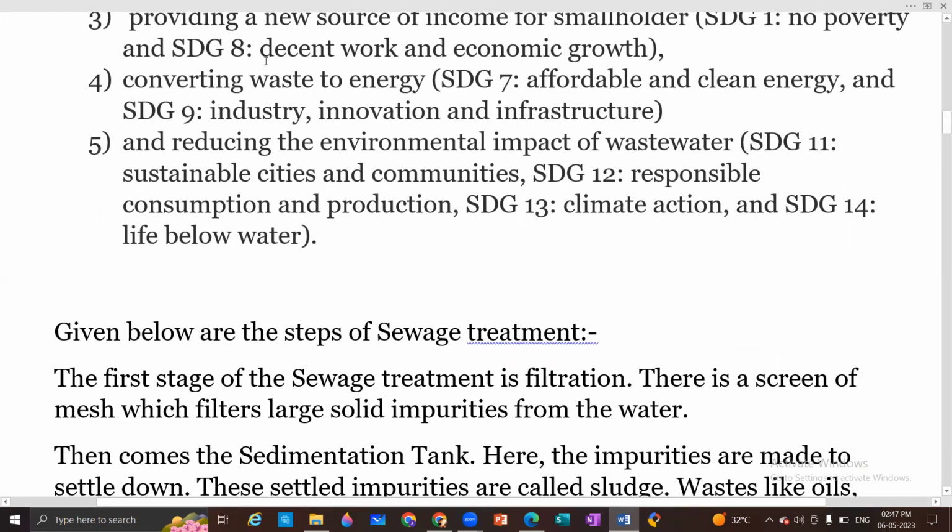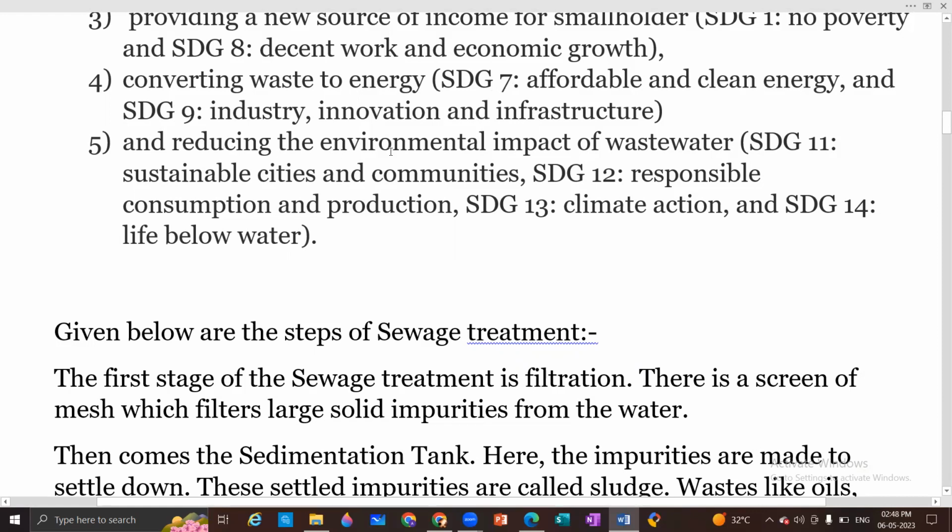Then we can also convert waste, which is there after sewage treatment, into energy, thus achieving SDG 7, affordable and clean energy, and SDG 9, industry, innovation, and infrastructure.